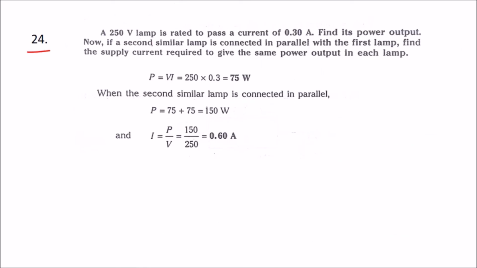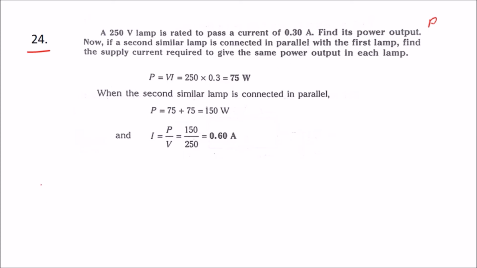Problem number 24. A 250 volt lamp is rated to pass a current of 0.3 amps. Find its power output, that is P. Now, if a second similar lamp is connected in parallel with the first lamp, find the supply current required to give the same power output in each lamp.